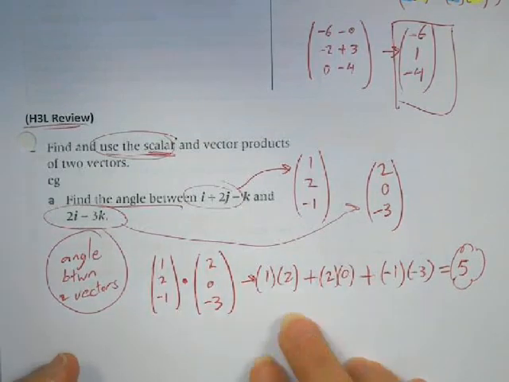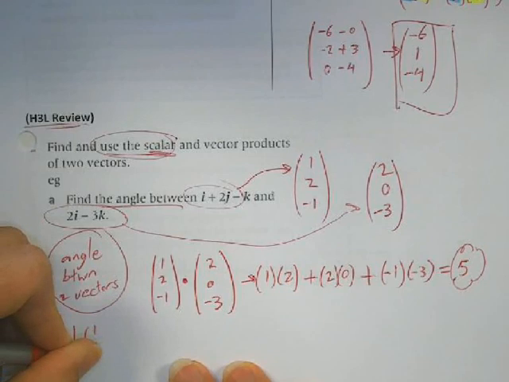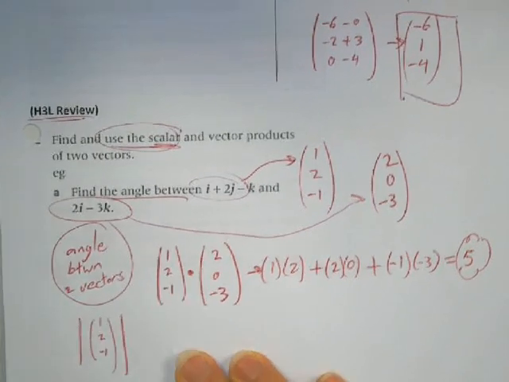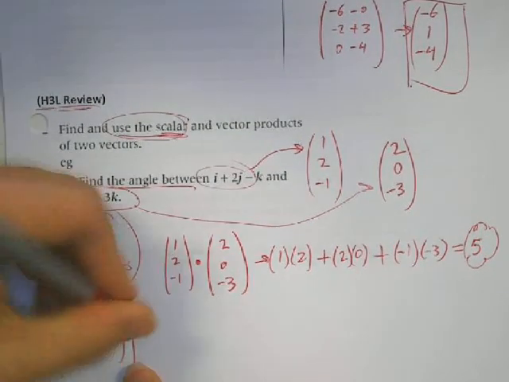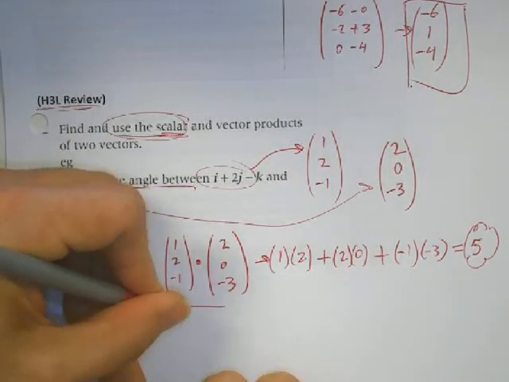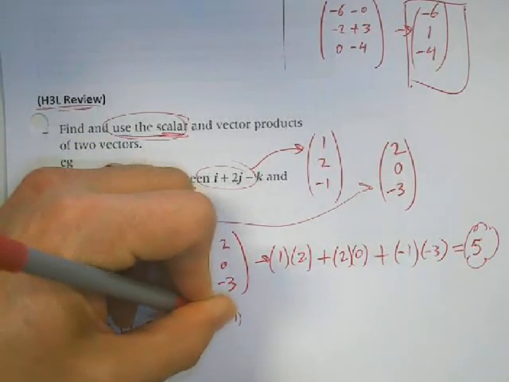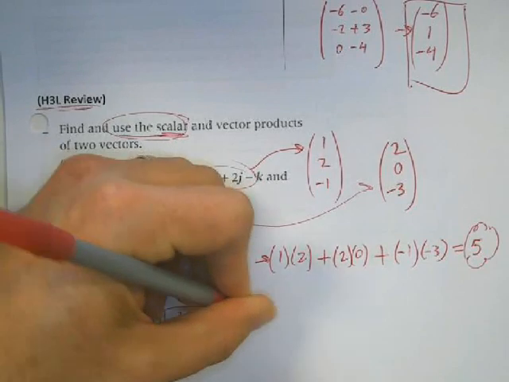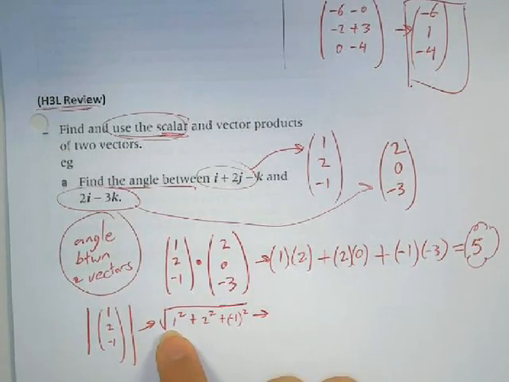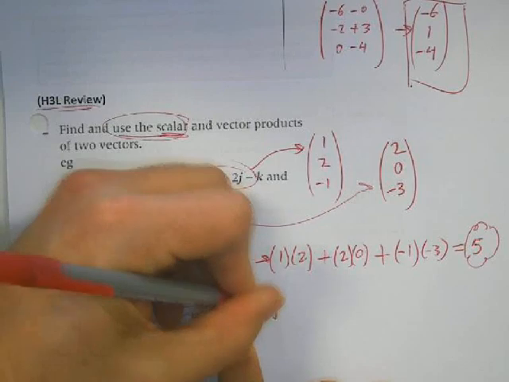Now I want to find the magnitude. Remember, those lines mean magnitude. So the magnitude of that is 1 squared plus 2 squared plus -1 squared, which is 1 plus 4 plus 1, giving me the square root of 6.